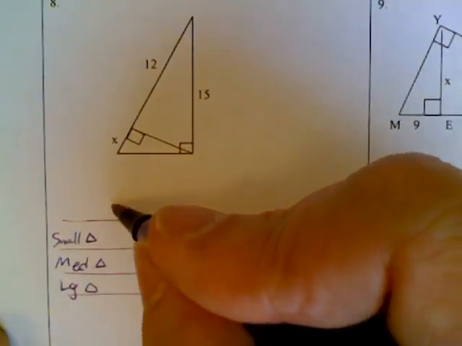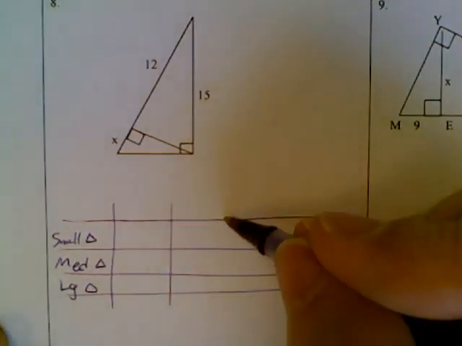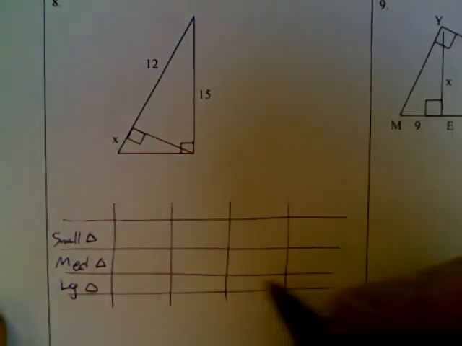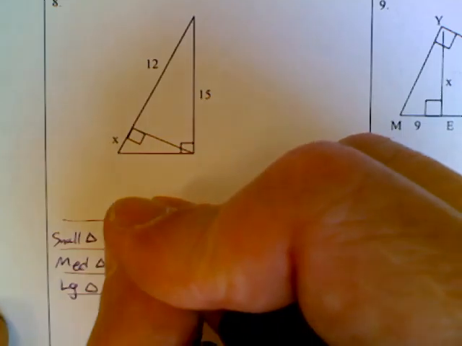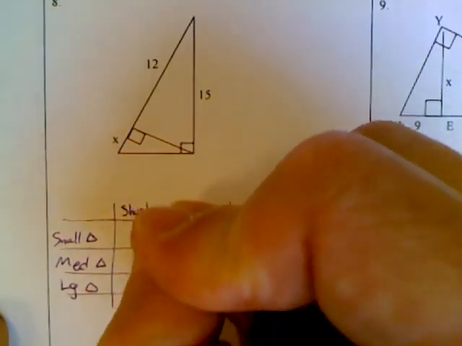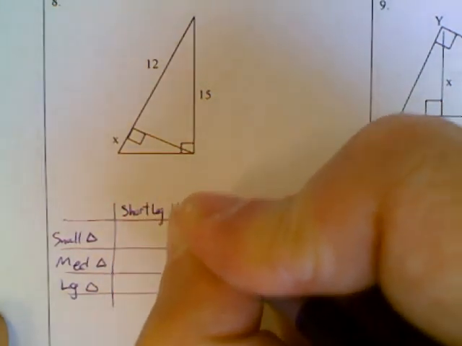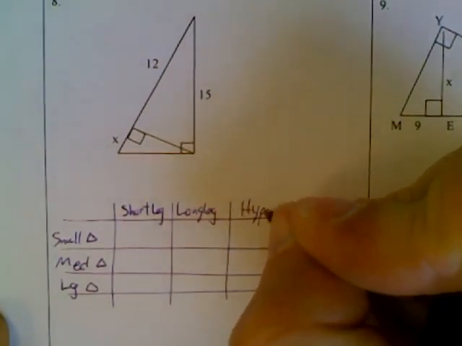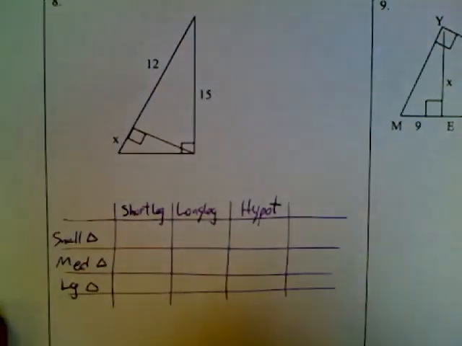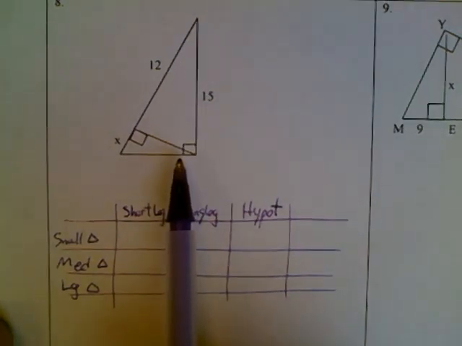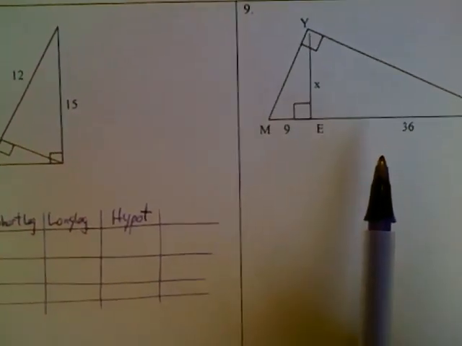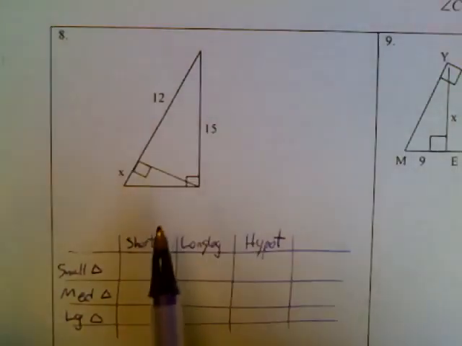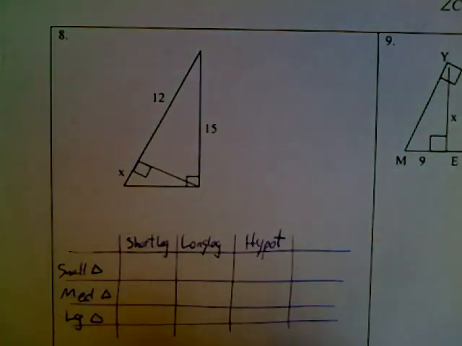Okay, and then 3 columns, and across the top row of these columns I'm going to put short leg, long leg, and hypotenuse. Okay. Every one of these triangles is a right triangle. That's going to be true in the next problem too. It's always going to be true when we've got this sort of 3 triangle thing going on here.